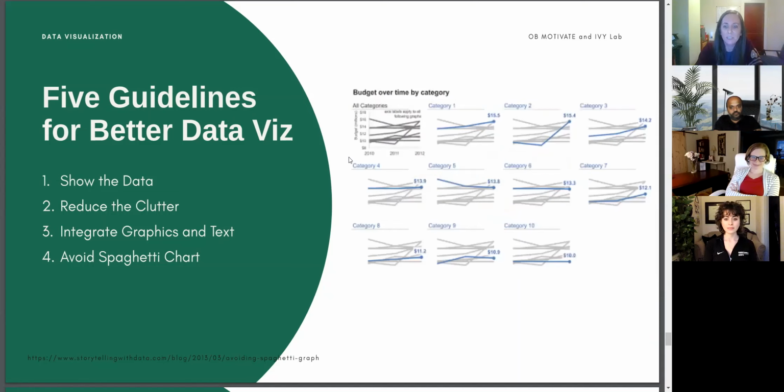And the way that this particular chart was fixed was using a technique called a small multiple.